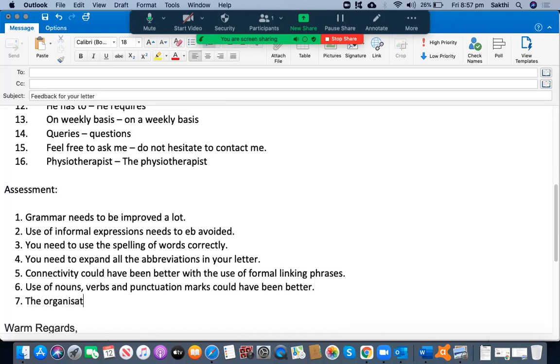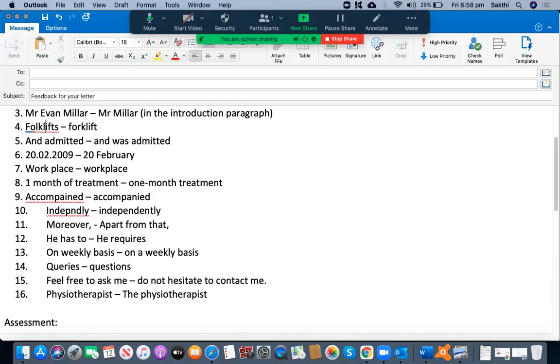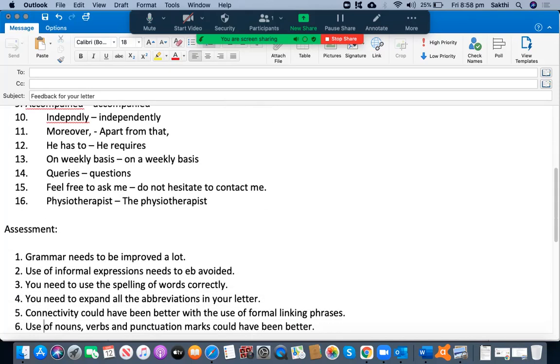The organization of ideas is excellent. I'm very happy with the way that you have organized it. Presentation and layout features are good enough. Well done, you have done a good job. And yeah, what else? Overall task fulfillment could have been a bit better.